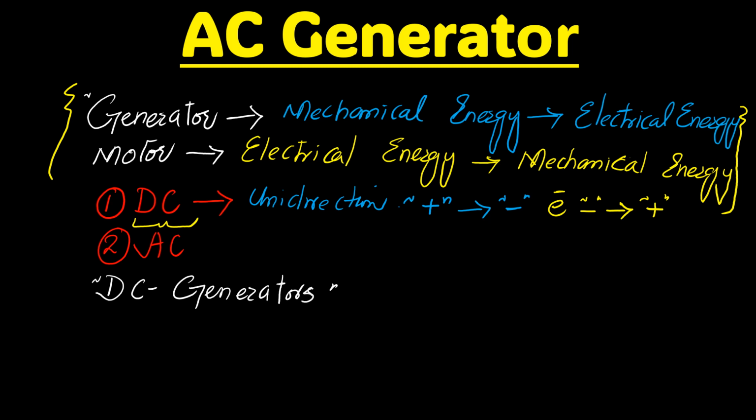Now, the second type of current is known as alternating current, a current whose polarity changes with time.